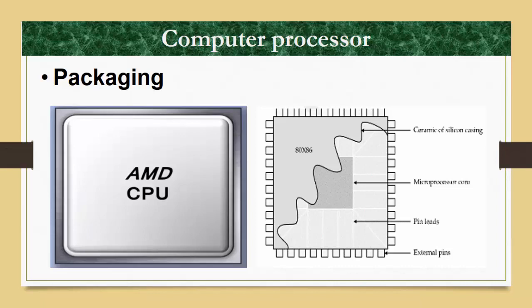Older packaging designs were often in ceramic, which has excellent heat resistance and dissipation properties.